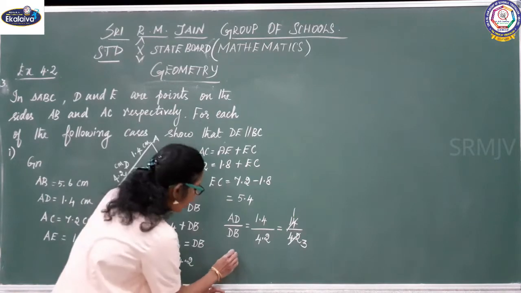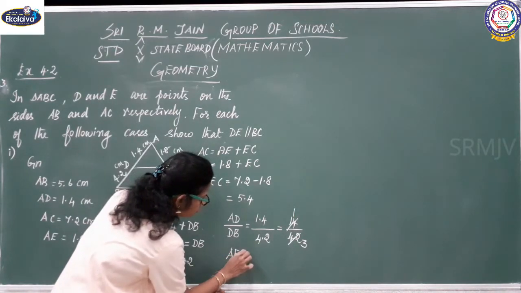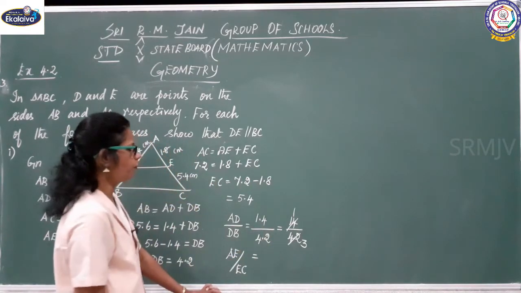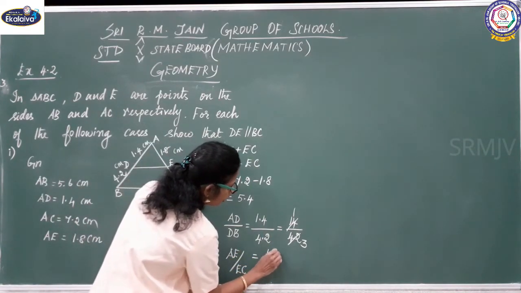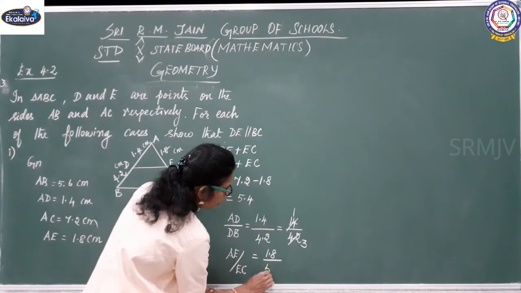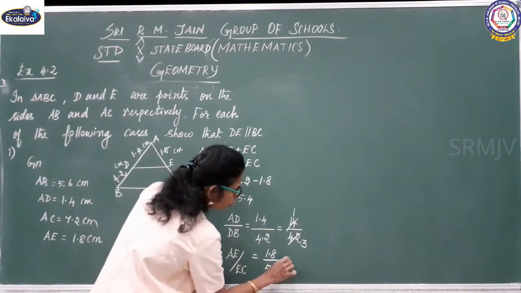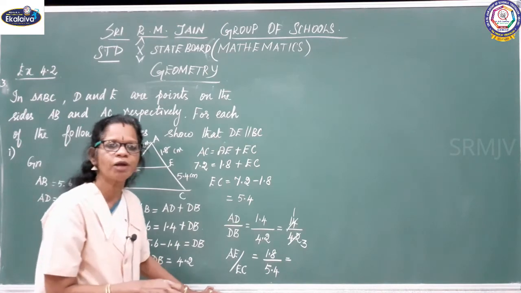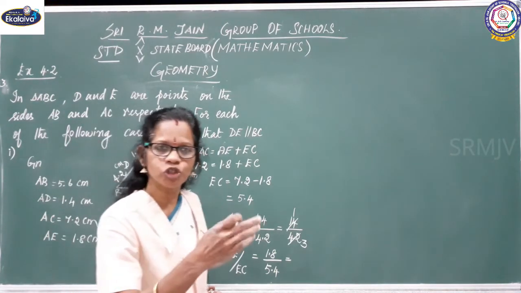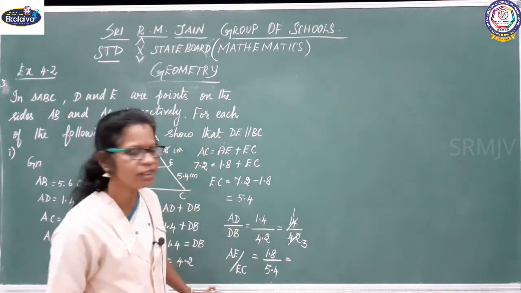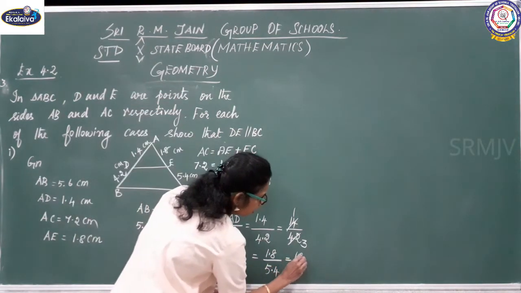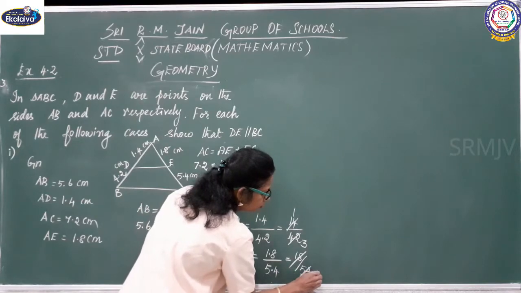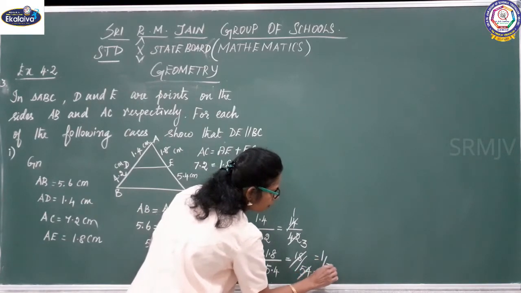Now AE by EC equal to 1.8 divided by 5.4. Again you are converting the decimal into the whole number. For that purpose you multiply both numerator and denominator by 10. So 18 divided by 54, which is equal to 1 by 3.